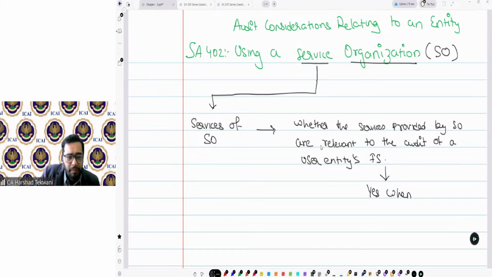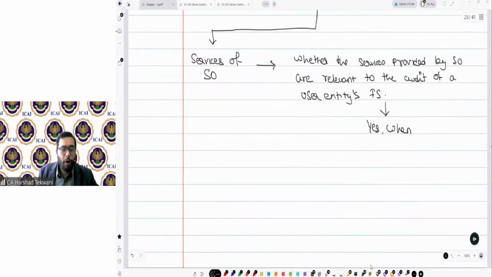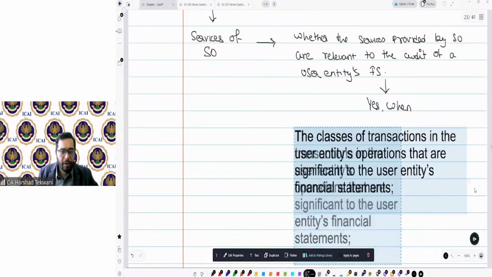Also when the classes of transactions in the user entity's operations are significant to the entity's financial statement. The first one means whatever transactions are being done in the service organization are relevant.